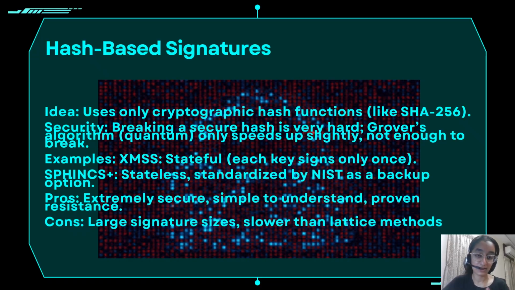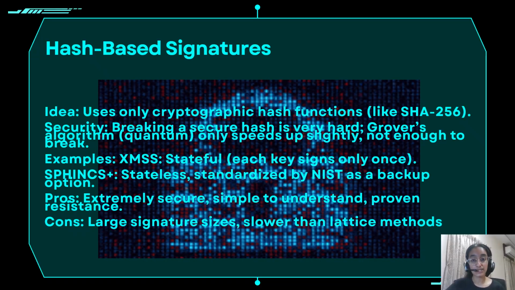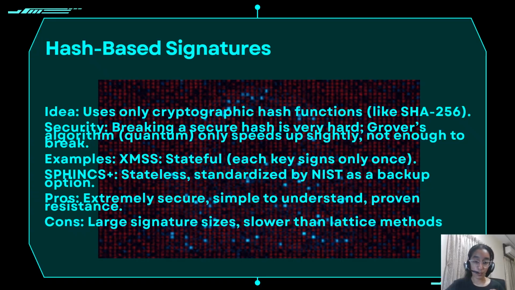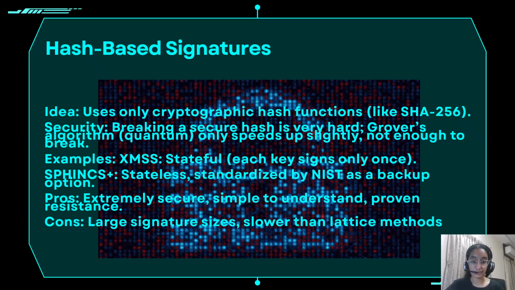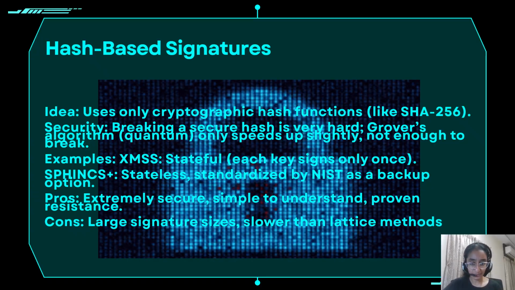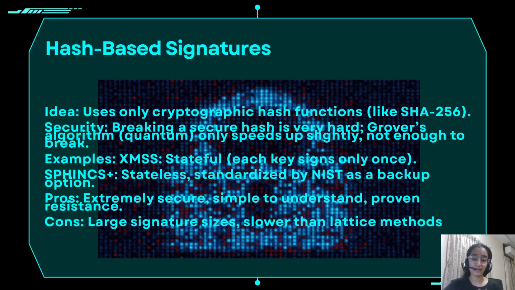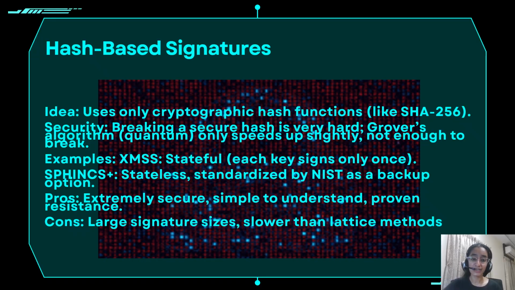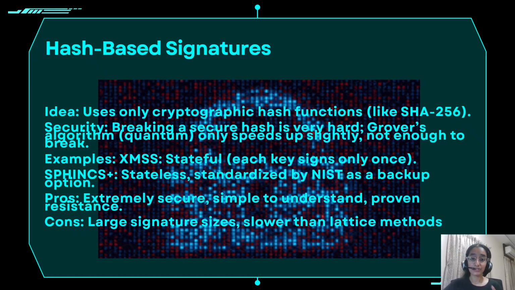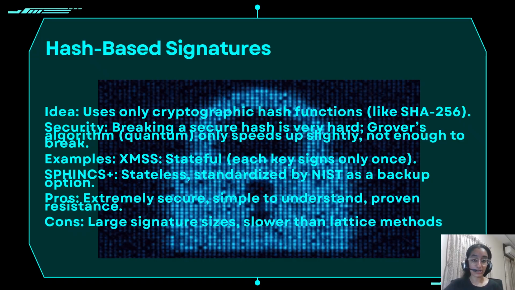And one example is XMSS, the extended Merkle signature scheme. It uses one-time signatures, and to allow multiple signatures, XMSS links many one-time keys together using a Merkle tree. It's stateful. The signer must track how many keys are already used.